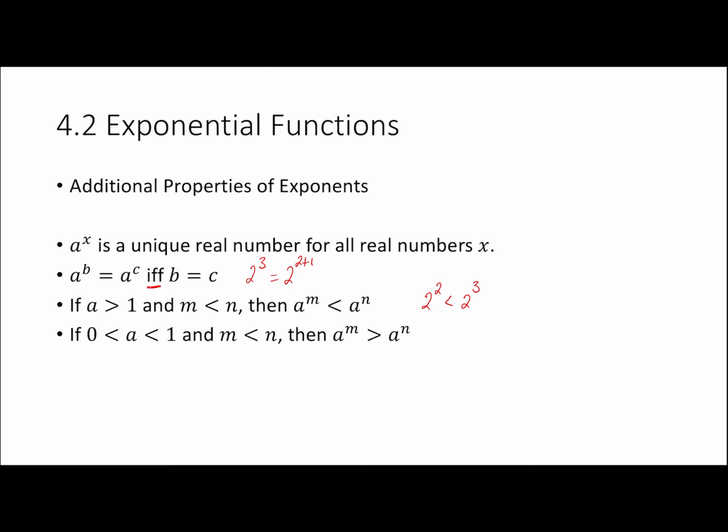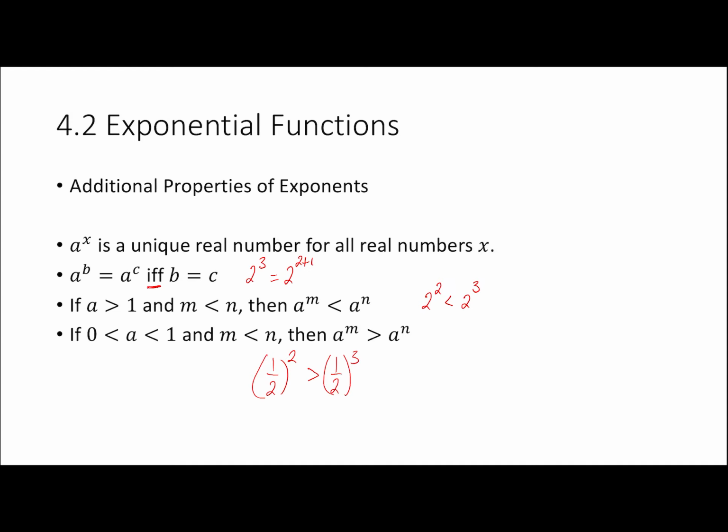And then the last one here says that if a is between 0 and 1, so let's say 1/2, for example, and again m is less than n, so we'll say m is 2 and n is 3, then it must be true that 1/2 squared is bigger than 1/2 cubed. Again, that should make some sense.